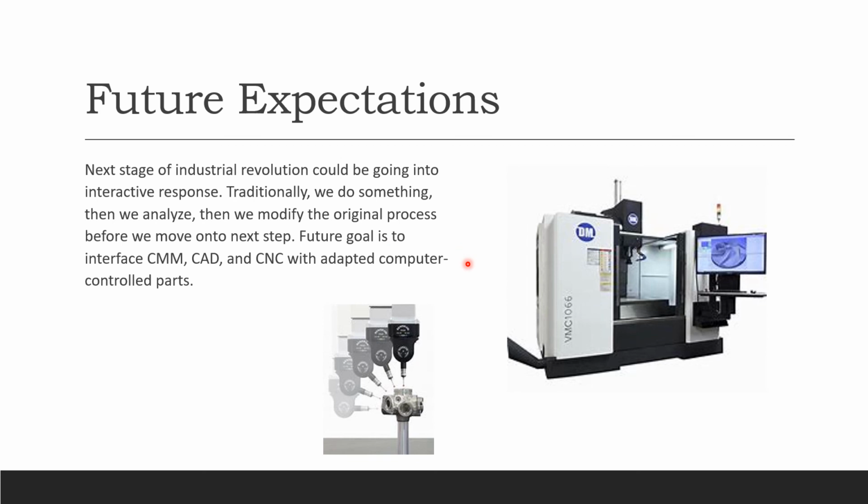Alright, future expectations. The next stage of our industrial revolution is your time and your children's and grandchildren's time, going to go into interactive response. Research starting from our generation, but we don't know how far it can go.